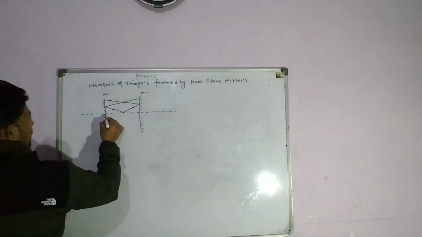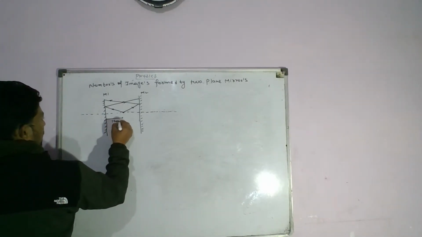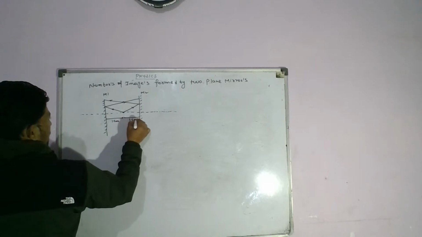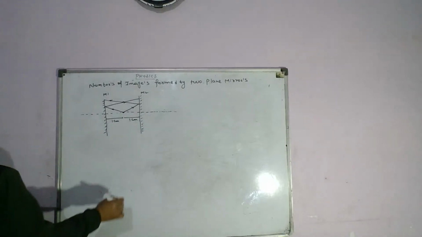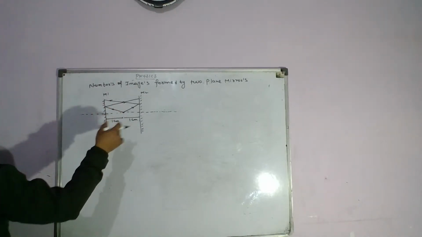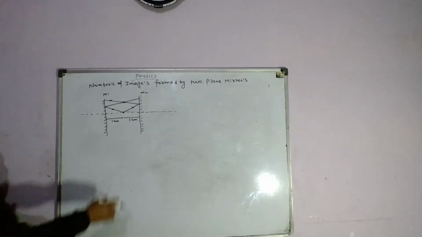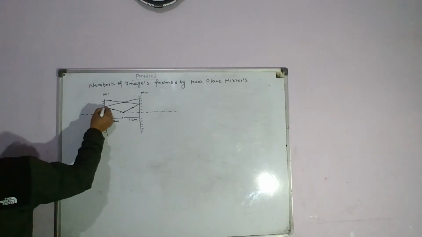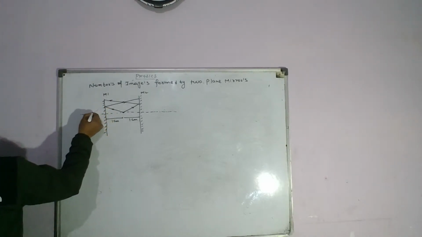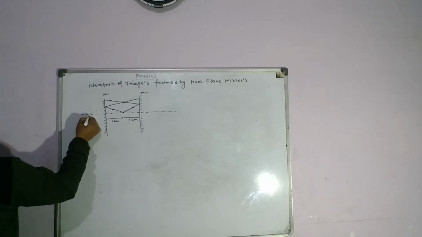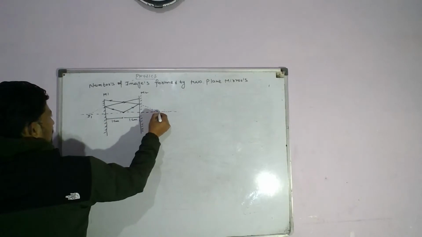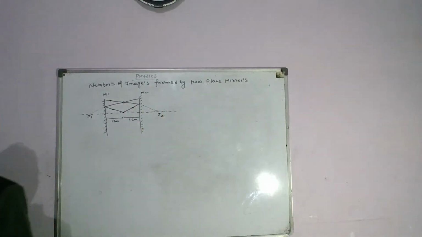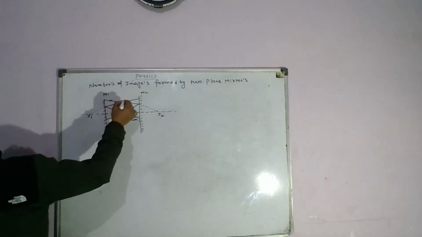Clear? Suppose this is 1 centimeter, so this is also 1 centimeter, same distance. So how many images are formed? Here image I1, here image I2. Clear?